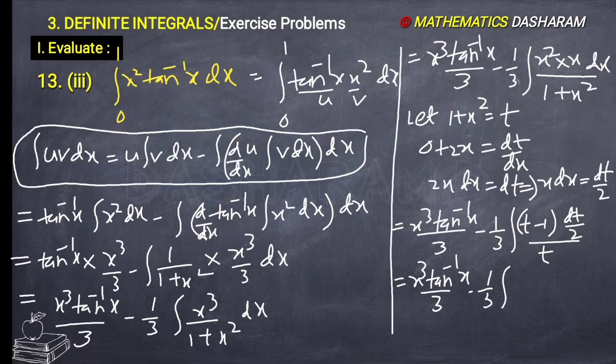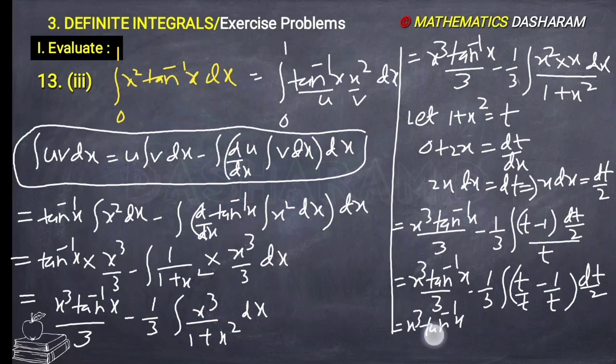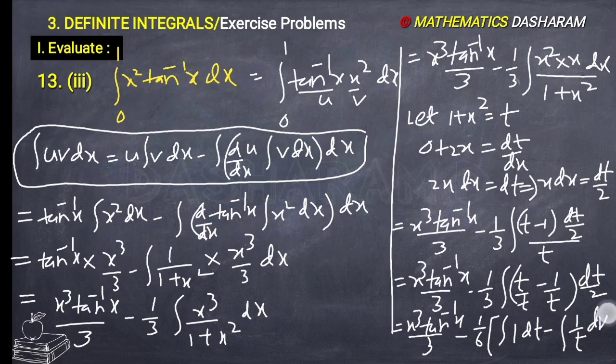Now split into two fractions, t by t minus 1 by t, dt by 2. So x cube into tan inverse x divided by 3 minus, here denominator t, here 1 by 3, so then overall 1 by 6 and apply the integration: t by t equals 1, so 1 dt minus integration 1 by t dt.